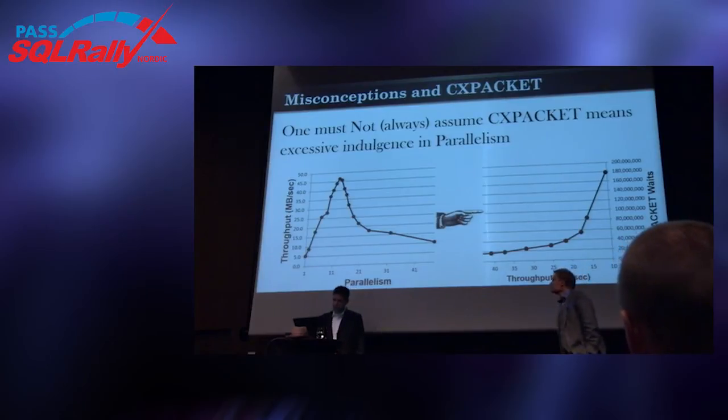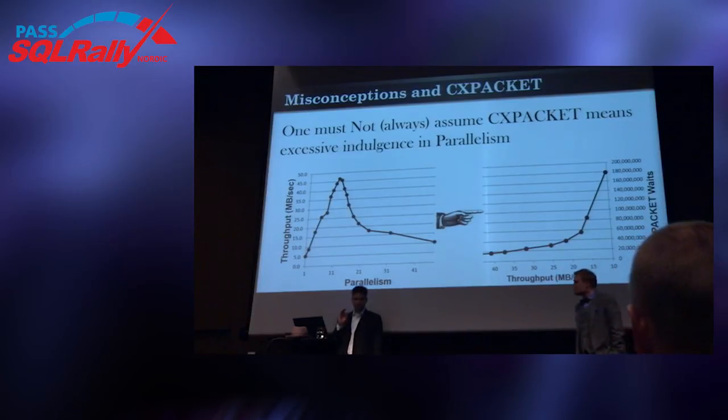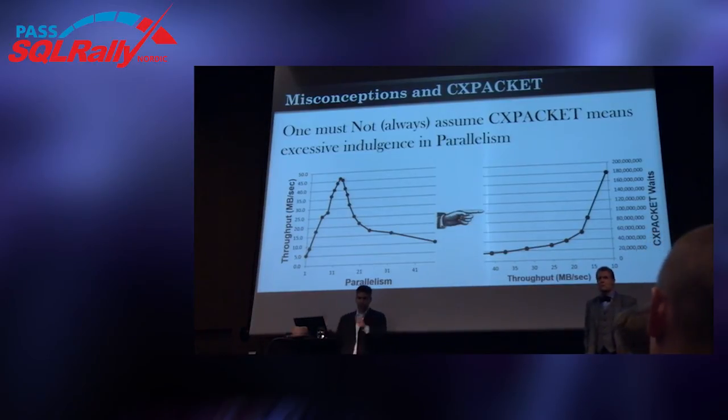I think it's important to actually define CXPACKET, which is, in fact, C stands for class, X stands for exchange, and packet stands for packet. These parallelism iterators that you see inside of a query plan are called exchanges. The job of an exchange is for one or more threads on one side of the exchange to push rows across to one or more threads on the other side of the exchange.